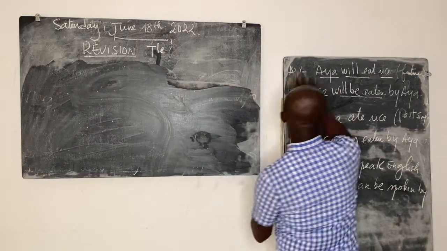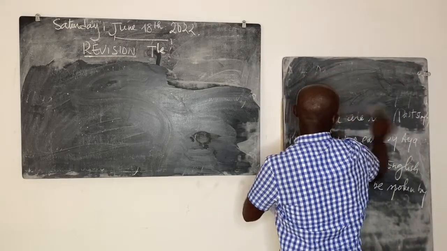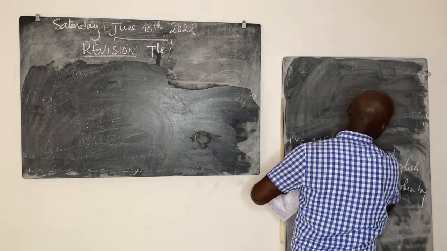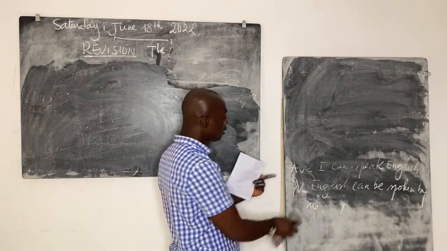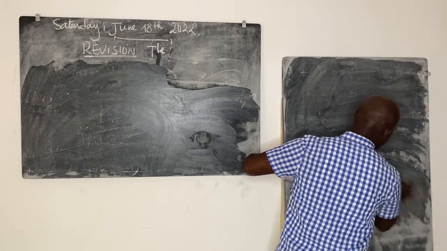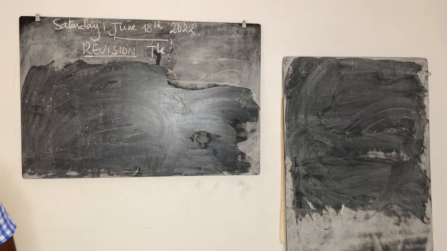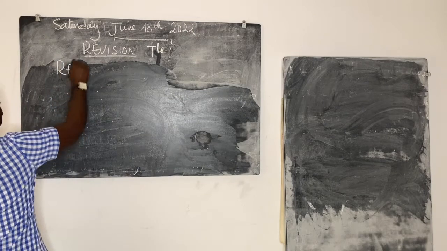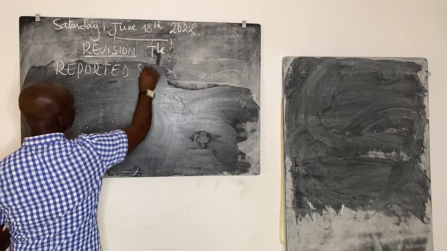As I said, this lesson is a little bit long, so we are going to divide it into two sections. We're going to see the first section concerning reported speech, and next week we're going to deal with the last section about reported speech.